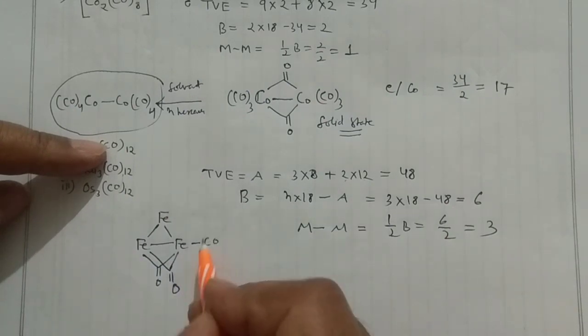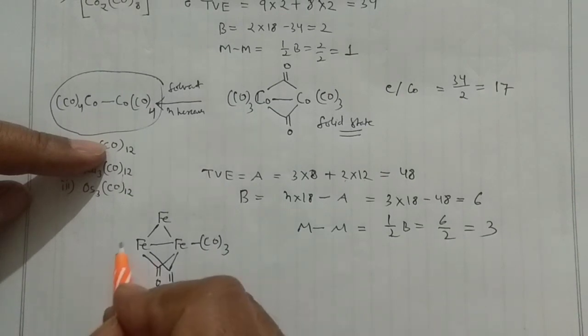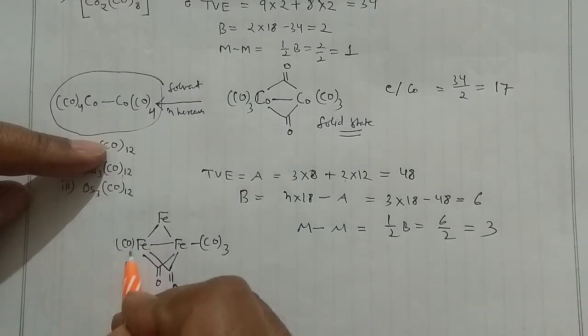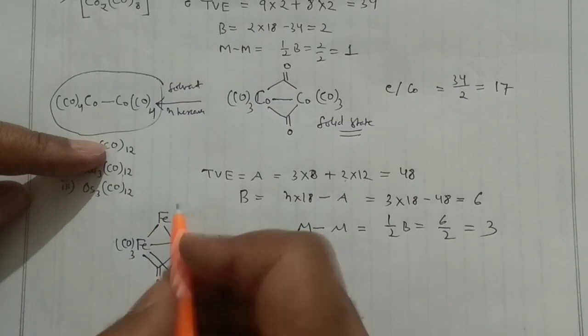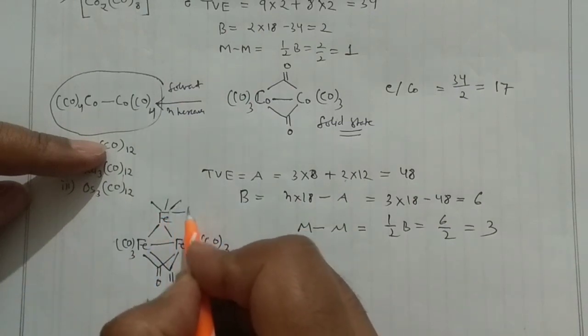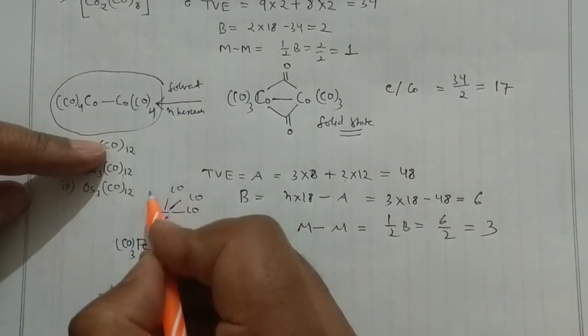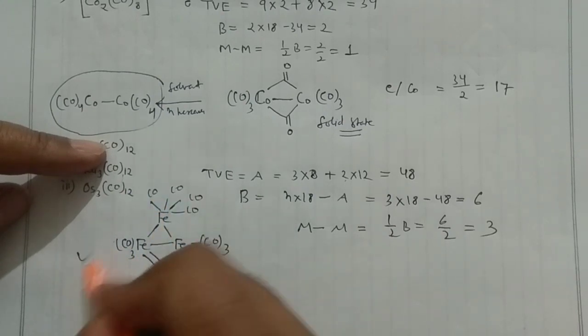So you can write CO3 here and CO3 here, 3 plus 3 is 6, and say 4 carbonyls are here. So you can write in that manner. Okay, so this is the structure.